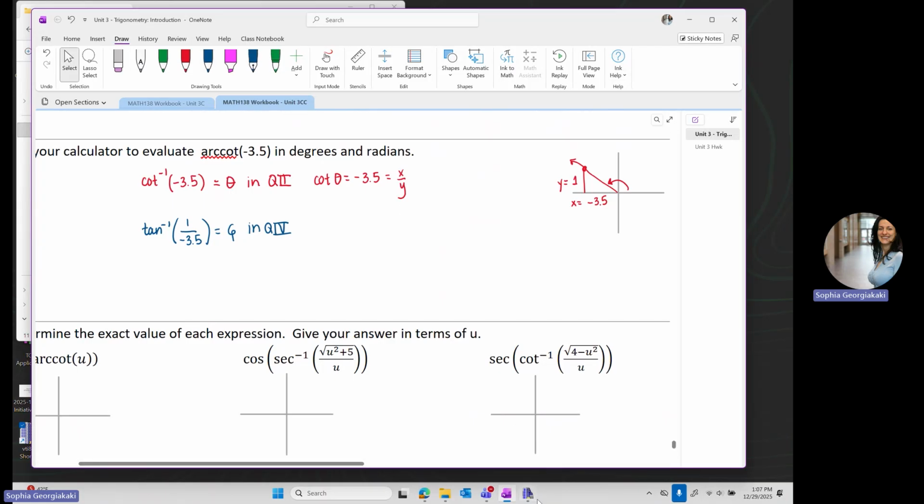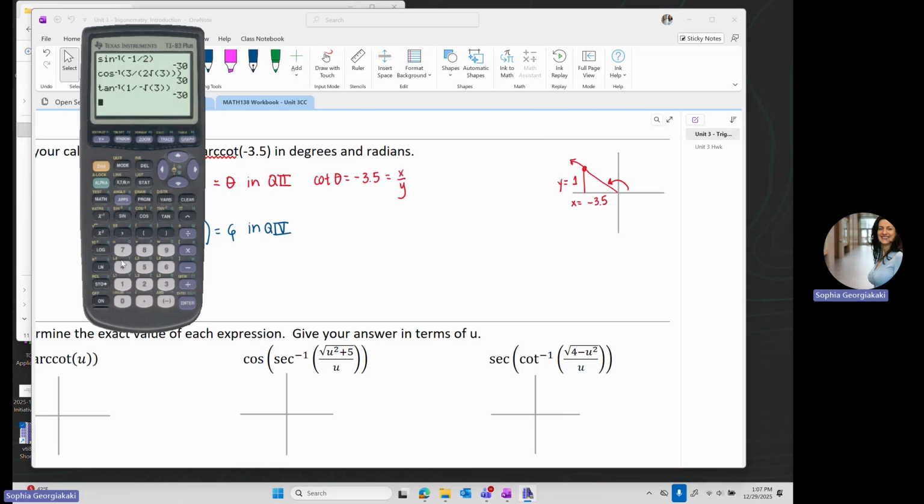So when I use that in my calculator, inverse tangent of 1 divided by -3.5, I will get this angle of -15.9 degrees.